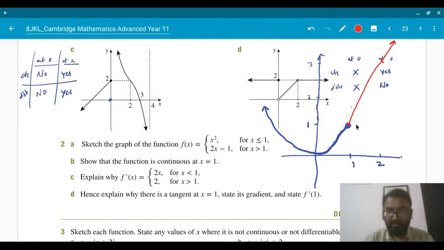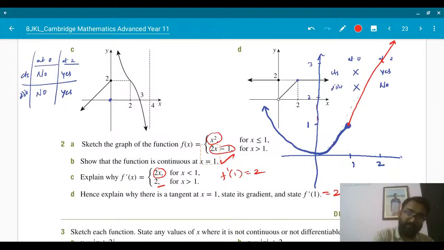Now explain why f dash is 2x for x less than or equal to 1, and for x greater than 1 its derivative is 2, since the derivative of 2x minus 1 is 2. At x equals 1, we substitute in the top function only, 2x, which gives 2 into 1, equals 2. So f dash of 1 is equal to 2. Is it clear?